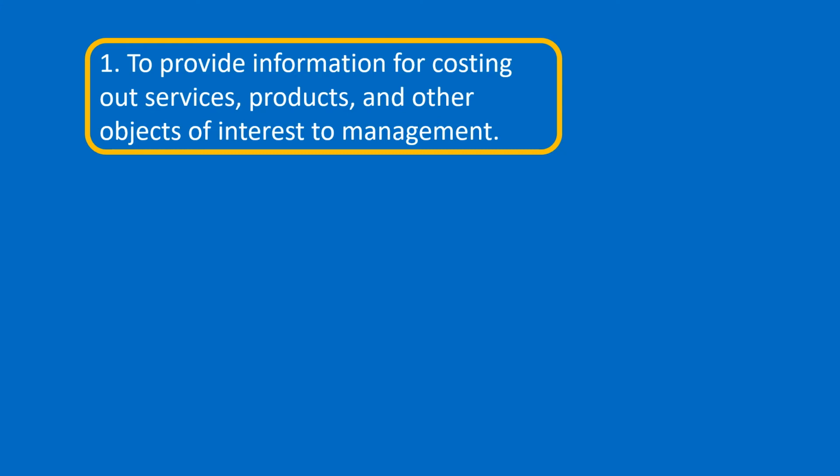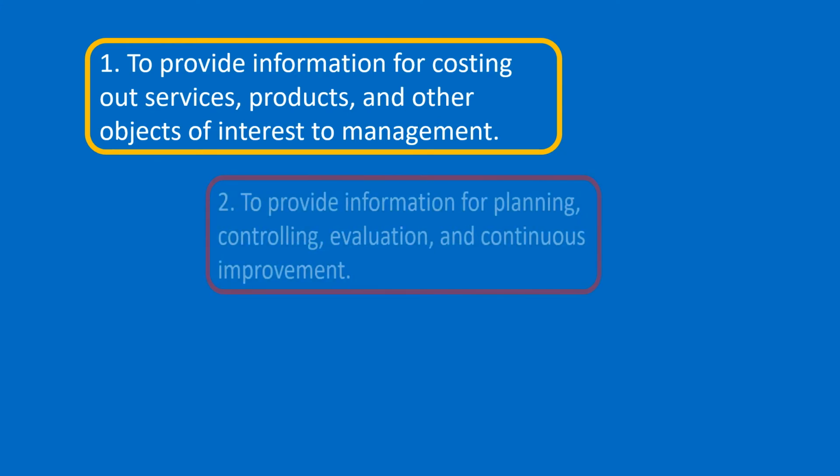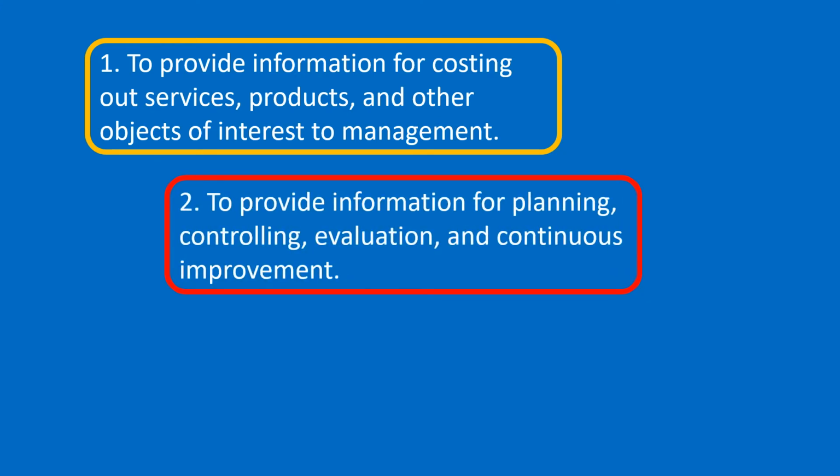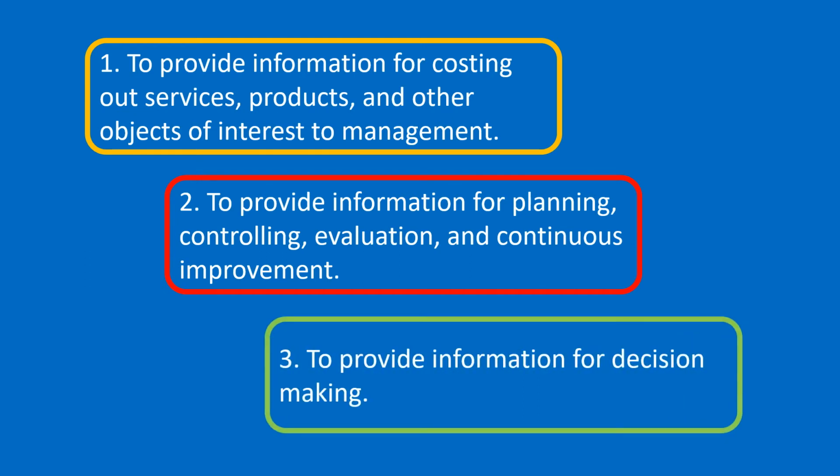The management accounting system has 3 broad objectives. Number 1, to provide information for costing out services, products, and other objects of interest to management. The second is to provide information for planning, controlling, evaluation, and continuous improvement. Third, to provide information for decision making.